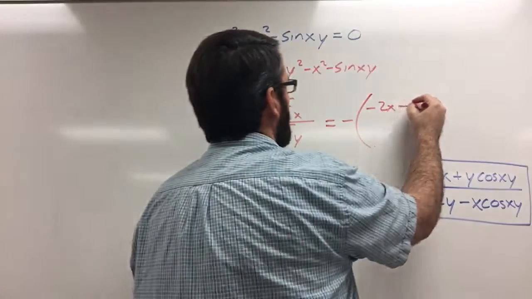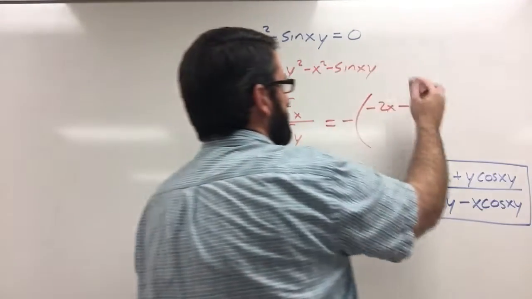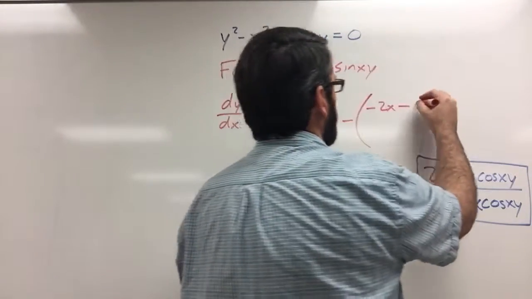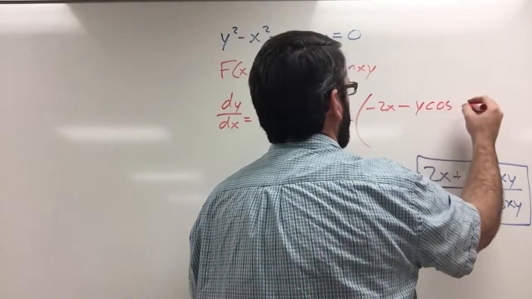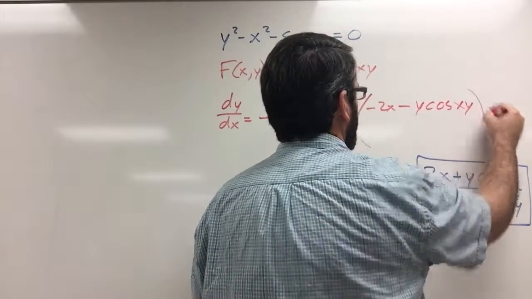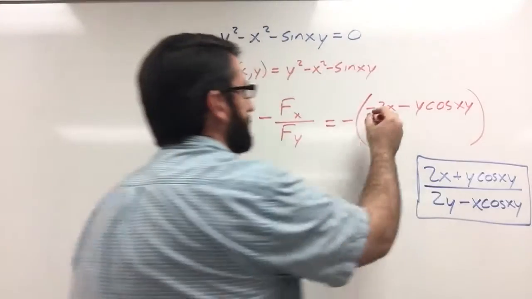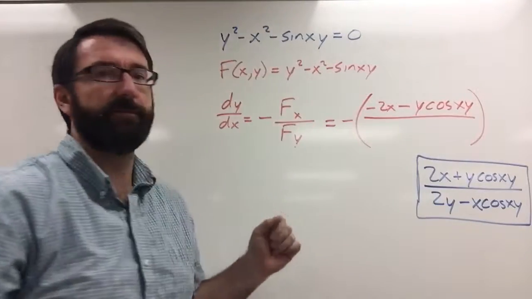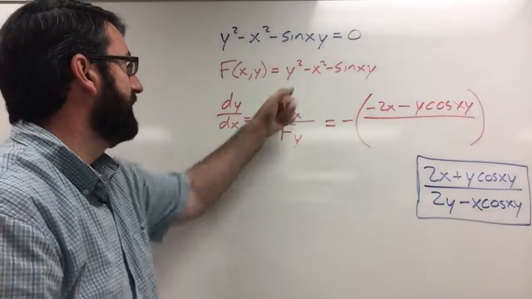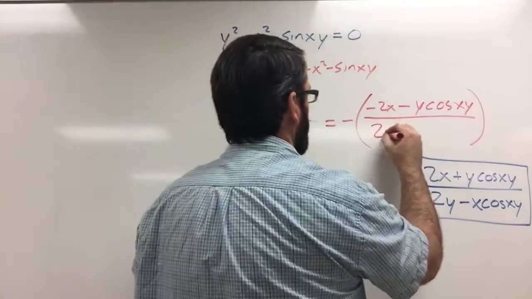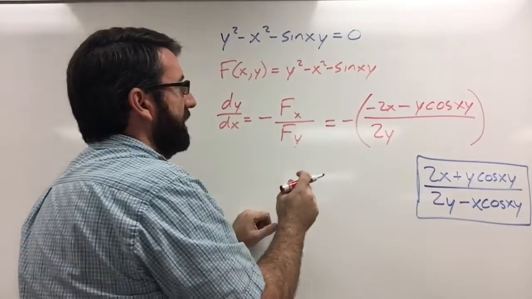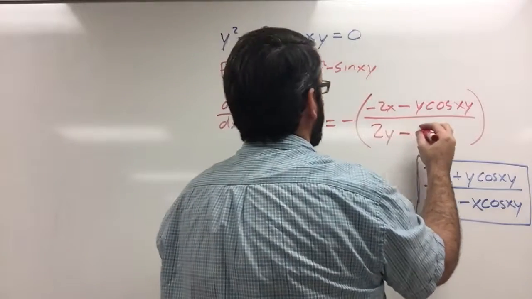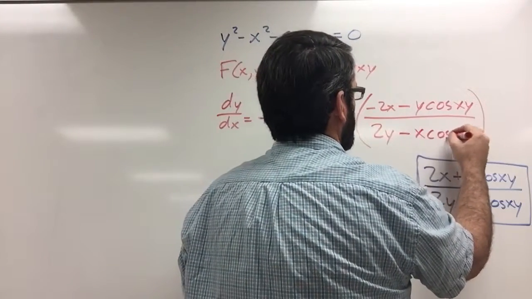And then minus, this is going to be y times the cosine of xy. And then the partial derivative of f with respect to y, this is going to be 2y. That's going to be a 0. And then this is going to be negative x cosine of xy.